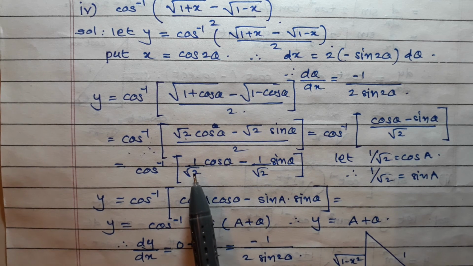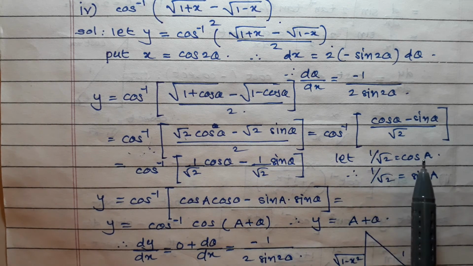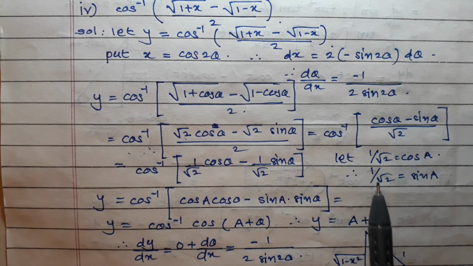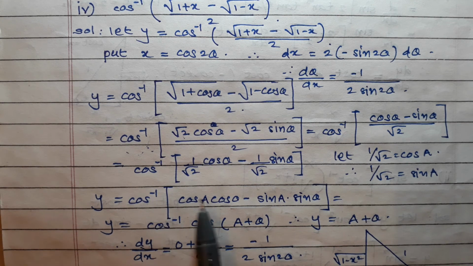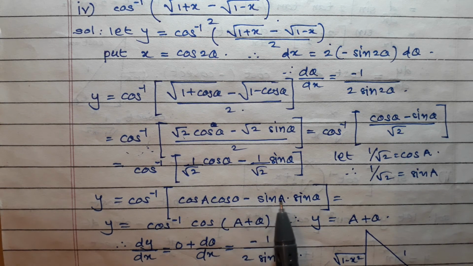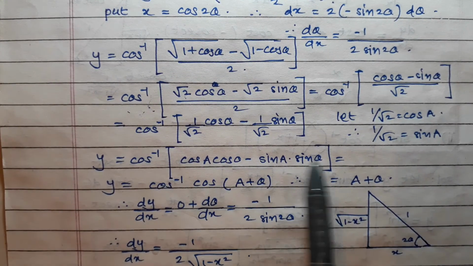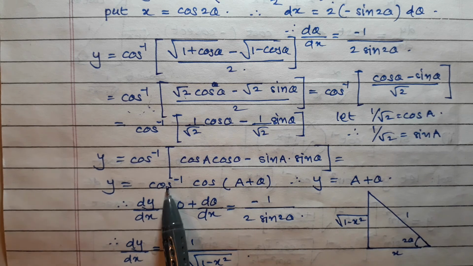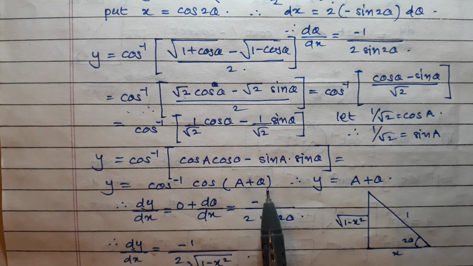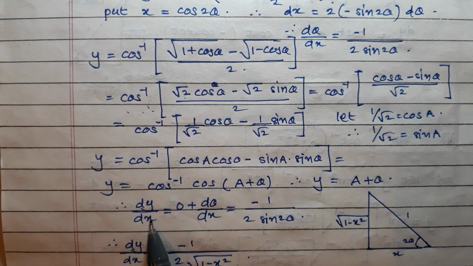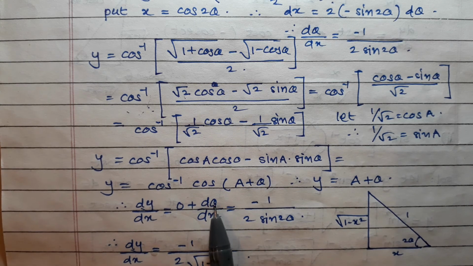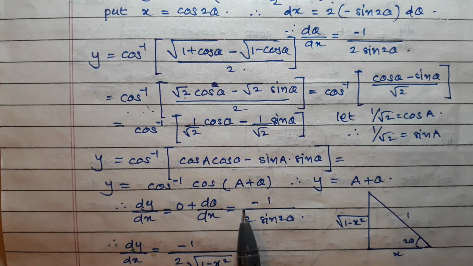And now for this you substitute 1 upon root 2 is equal to cos A, and therefore 1 upon root 2 is sin A, and therefore y is equal to cos inverse of cos A cos theta minus sin A sin theta, and this is y is equal to cos inverse cos (A plus theta), and hence y is equal to A plus theta. And dy/dx: here A is constant, so dy/dx is equal to 0 plus d theta/dx, which is equal to minus 1 upon 2 sin 2 theta.